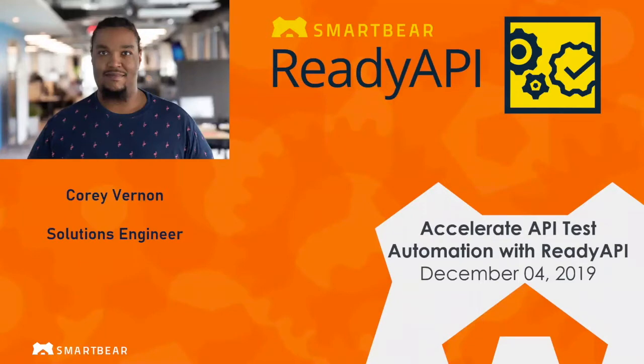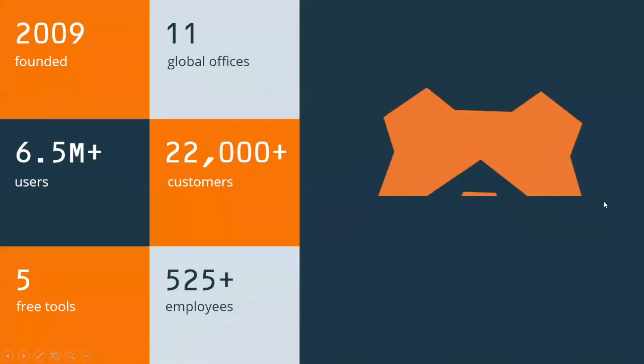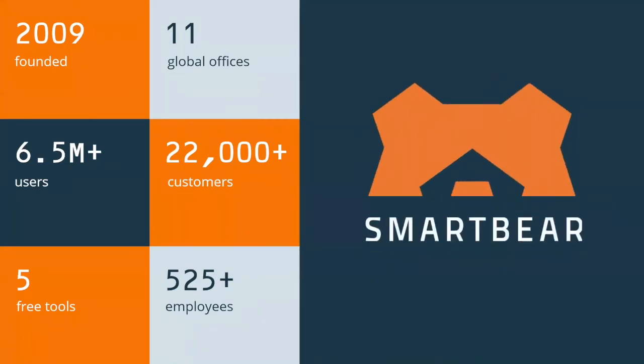Before we dive in, please allow me to introduce SmartBear as a company to those of you who may be unfamiliar. SmartBear tools are recognized around the globe, providing quality solutions across the entire software development lifecycle, from planning and design to testing and monitoring. We were founded in 2009 in Boston, Massachusetts, and have grown to over 11 global offices encompassing North America, Europe, Asia, and Australia.